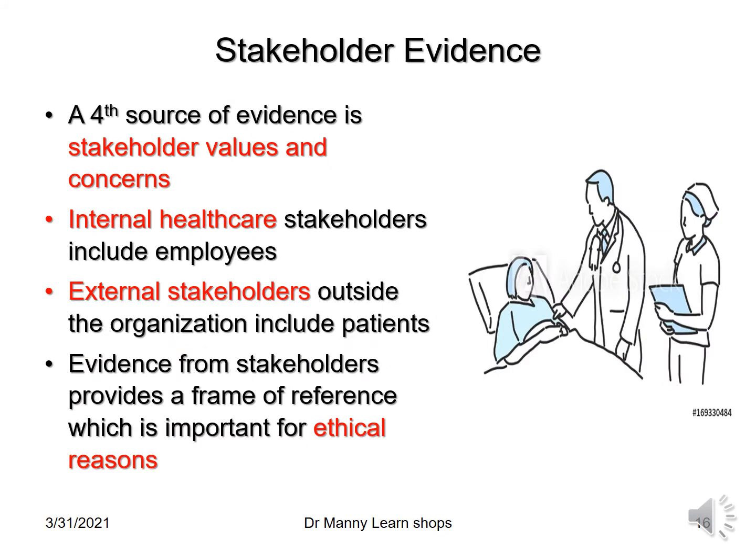Then you've got the final source of evidence, the fourth source, which is the stakeholder, the values and concerns. Internal stakeholders could be you as the employee, or external stakeholders can be outside the organisation, which includes patients and the public. And it's evidence from stakeholders that provides a frame of reference for what's important, especially for ethical reasoning.